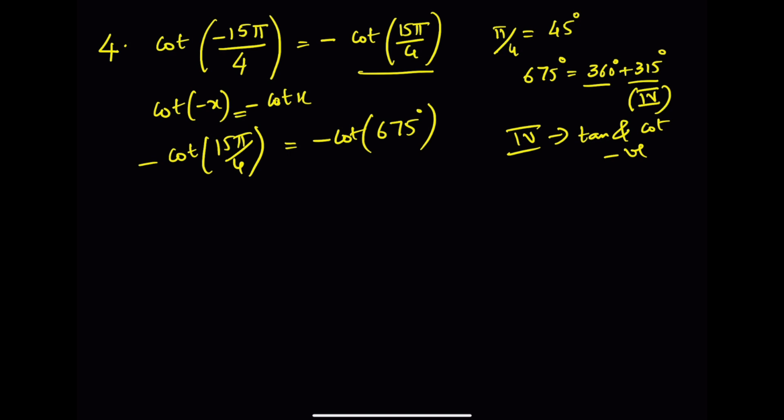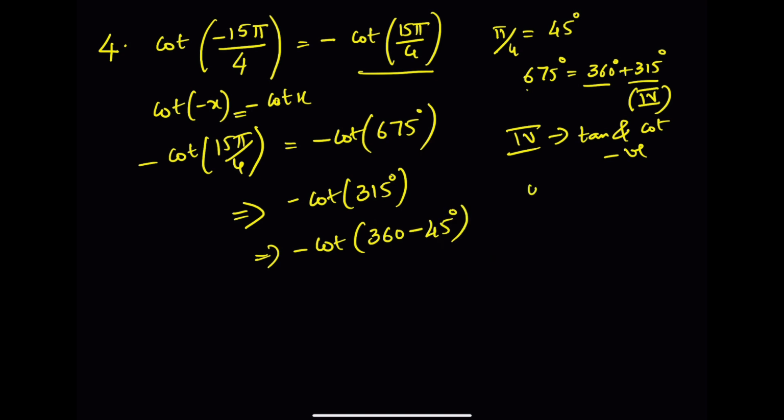So let's change cot 675 to a lower value, which is cot of 315. So this will be minus cot of 315 degrees, which can be further changed to cot of 360 minus 45 degrees.